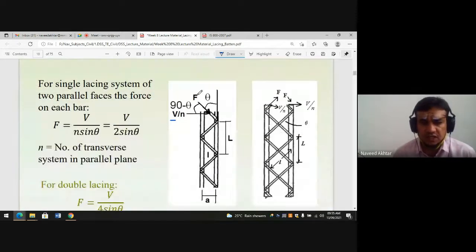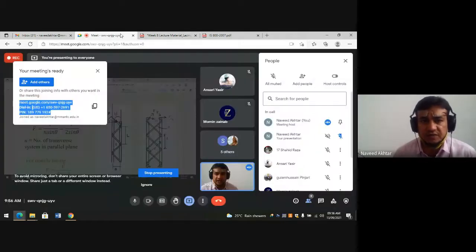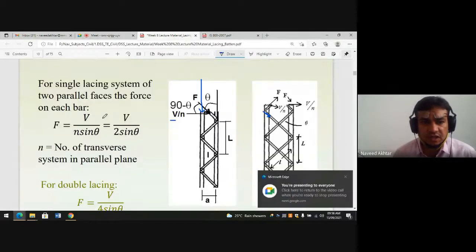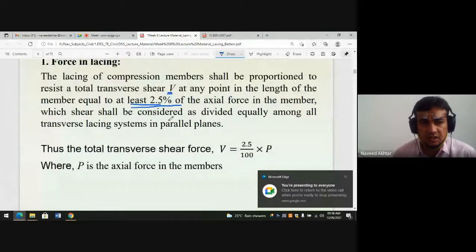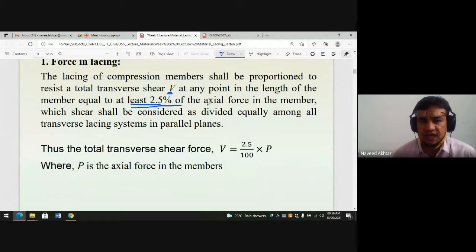So if you see this column, due to the load P, what happened? The force is going to the lacing system, and this force is F. That is, F should be 2.5% of the axial force.